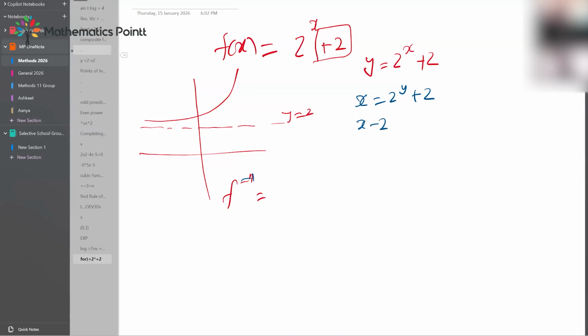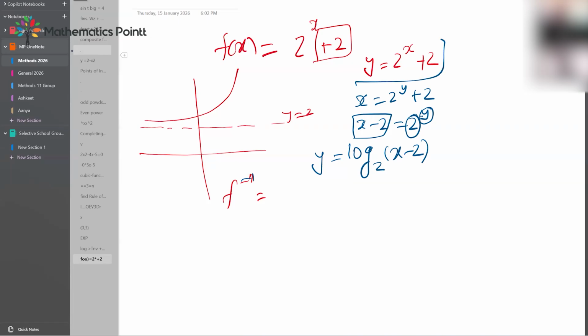I take x minus 2 equals 2 raised to the power of y. Now I need to solve for a variable sitting in the power. So I will say log to the base of 2 of x minus 2 is equal to y. That's the inverse of this function.